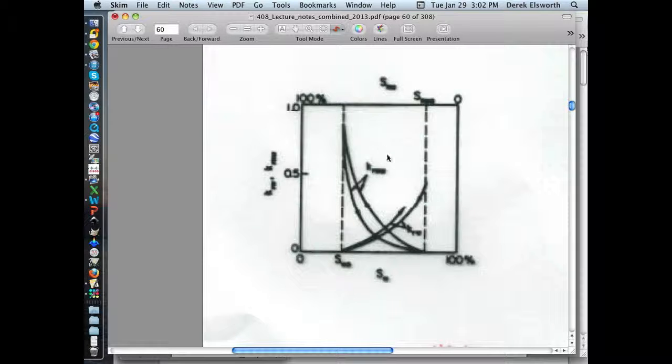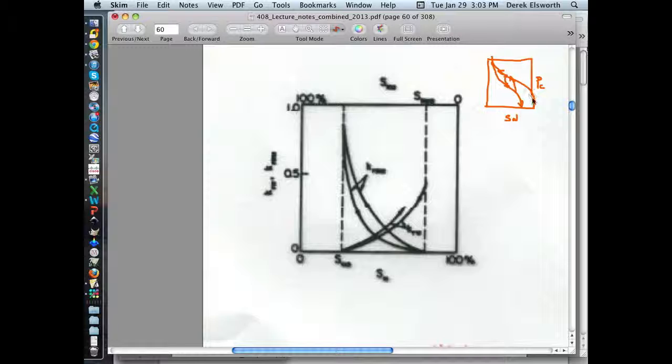Okay? In the same way that we talked about capillary pressure curves, if we talk about capillary pressure versus saturation curves, we have both this drainage curve and an imbibition curve. If you stop changing the capillary pressure at some magnitude and you move here, then you go across these scanning curves and you can rejoin it in the same way.